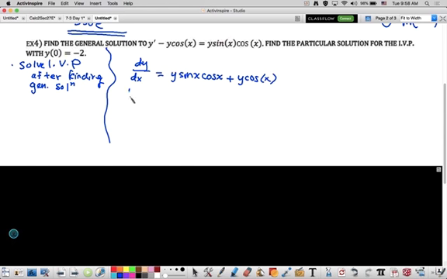And you do some tricky factoring. We pulled out cosine of x times sine of x plus 1. You factor out y cosine of x, divide by y, multiply by dx, and you get this line. That's just some algebra.